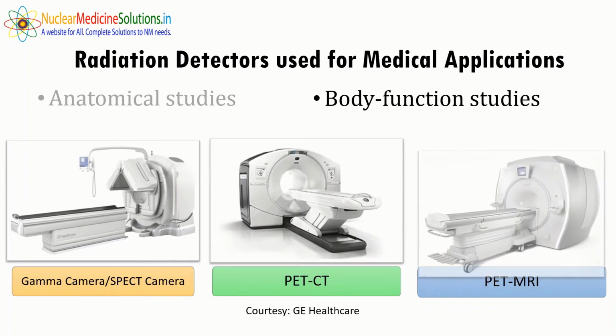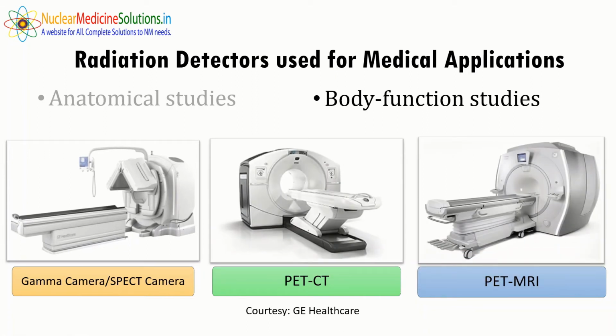They are also used for body function studies, also called physiological studies, like in gamma camera or SPECT camera. And now, in the era of fusion imaging, where anatomical and physiological studies are fused together with dual modalities like PET-CT, SPECT-CT or PET-MRI.